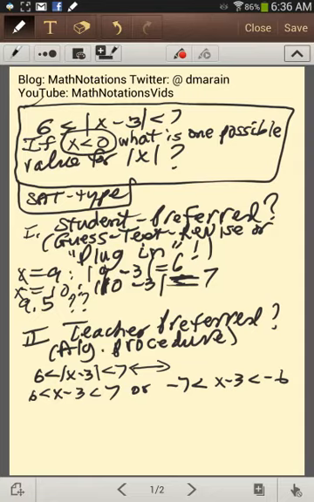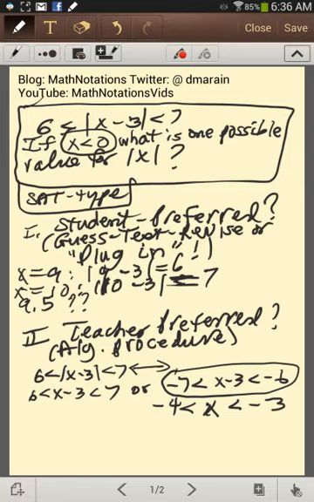If the absolute value of this quantity is between 6 and 7, then it means this quantity is greater than 6, less than 7, or between negative 7 and negative 6. Since we're interested in negative values of x, we'll focus on this part of the disjunction. Solve for x, and we see x is between negative 4 and negative 3.